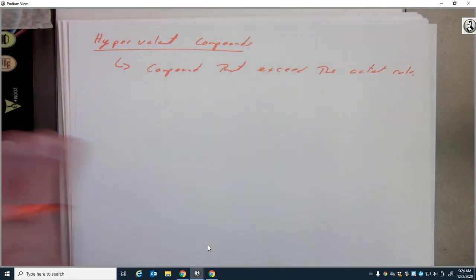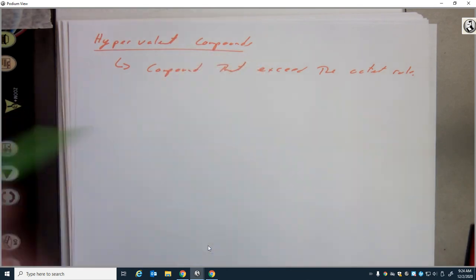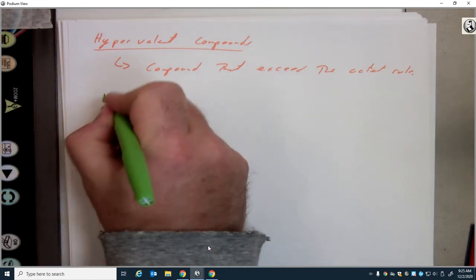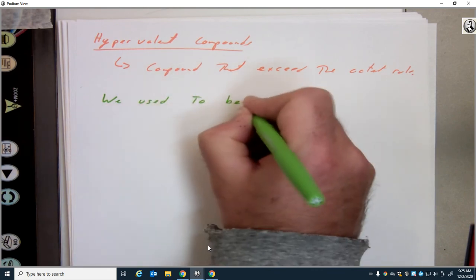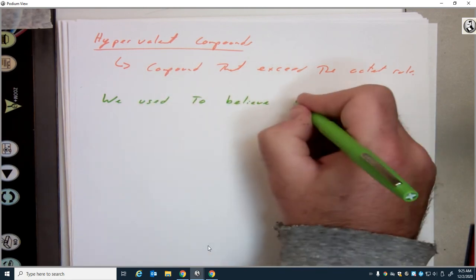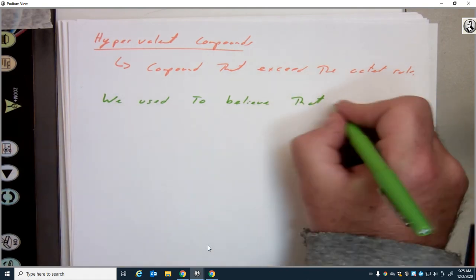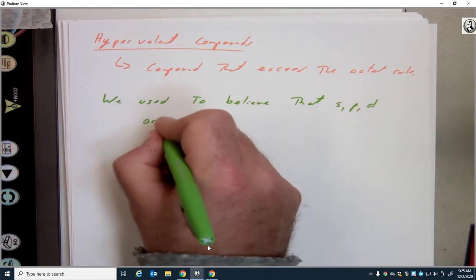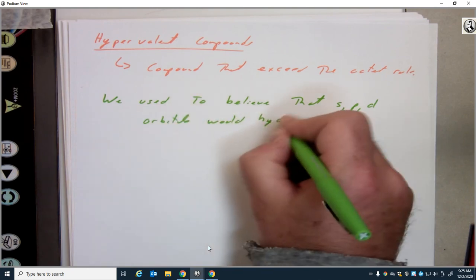Now, we used to think that these compounds produce 2 more types of hybridization. Okay, so we used to believe that S, P, and D orbitals would hybridize.